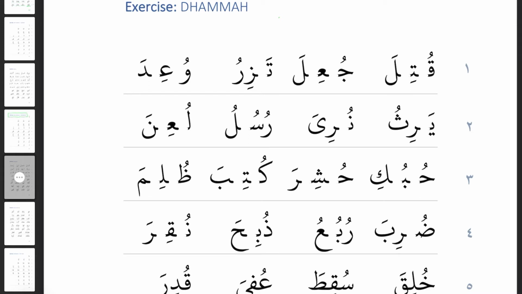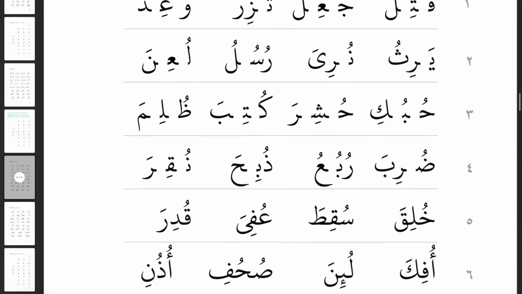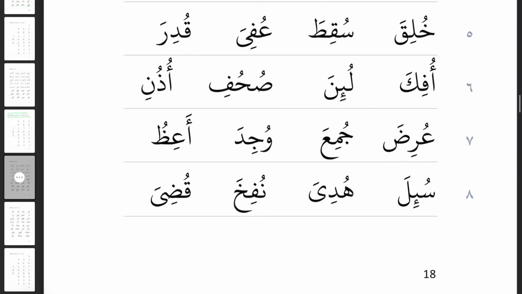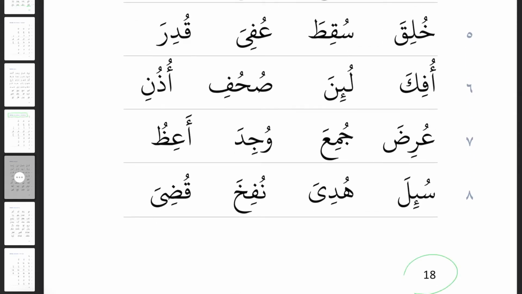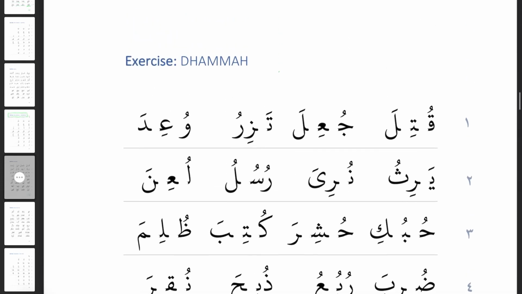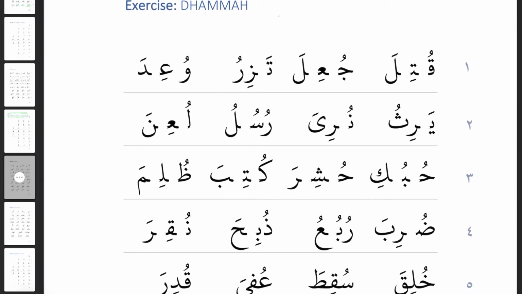So here we go. We are looking at the exercise Dhamma, and if you've got the booklet, and I hope you have, it's page 18 of your booklet. So let's start. Qu, ti, la. Now that's because the first letter here is a qaf and it has a dhamma.